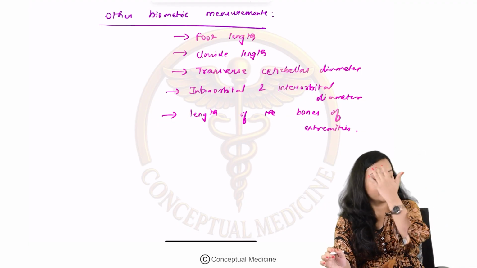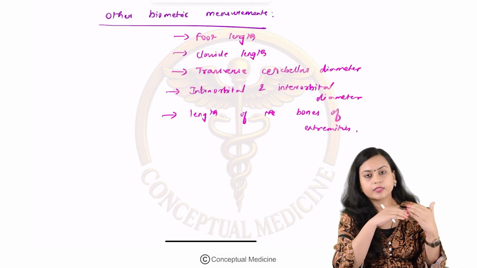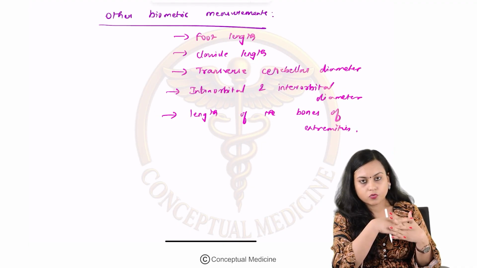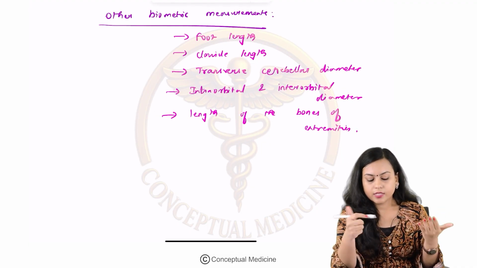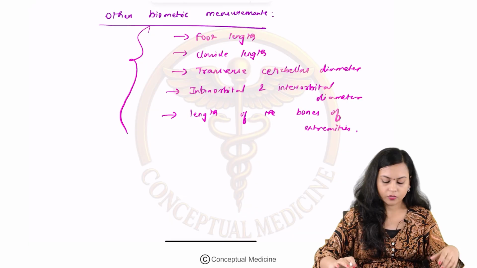Okay. And remember, most of the time we will be measuring the common 4 parameters that we have discussed so far. Okay. And sometimes these can also be included if needed.